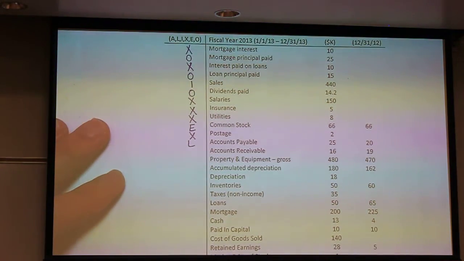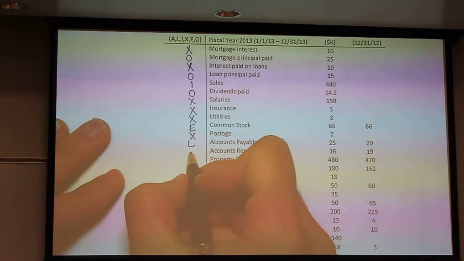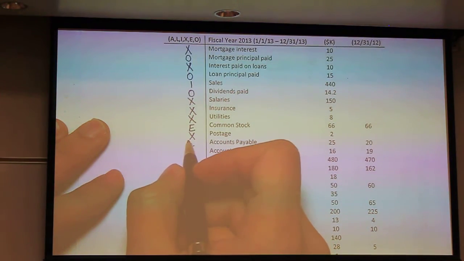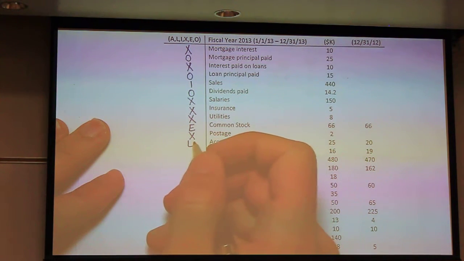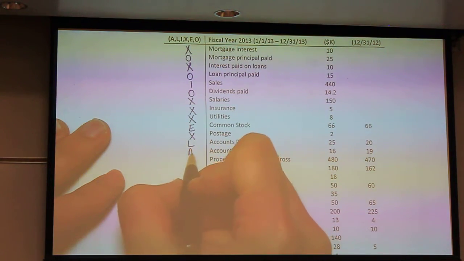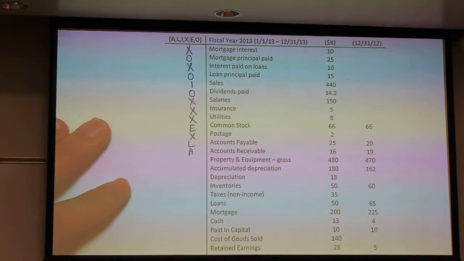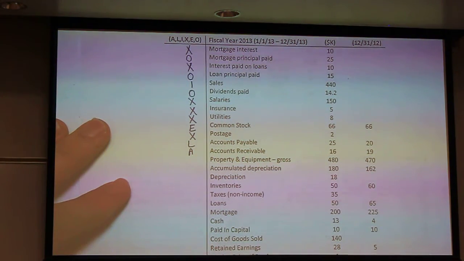Accounts payable, liability. Accounts receivable, asset. Long-term, short-term? Short. What else? Property and equipment, gross. Asset.